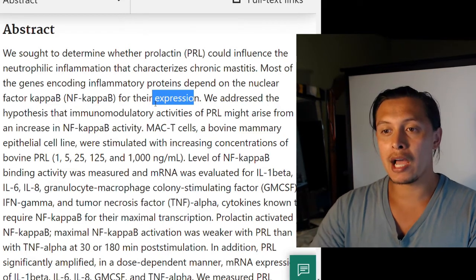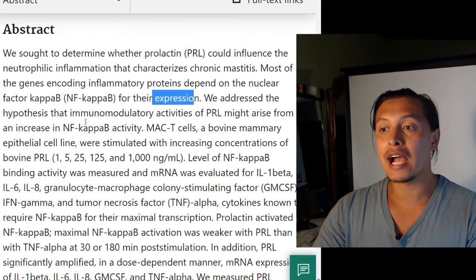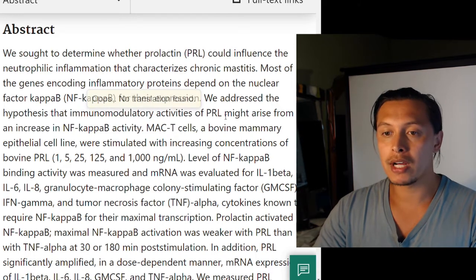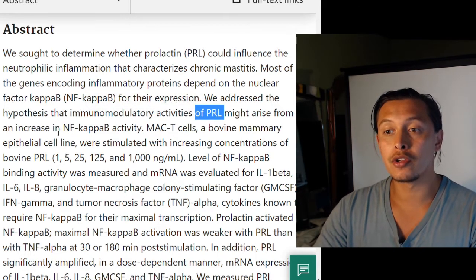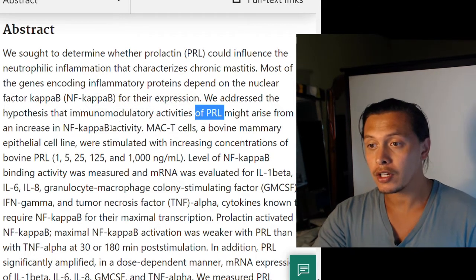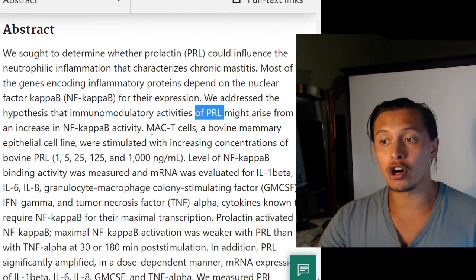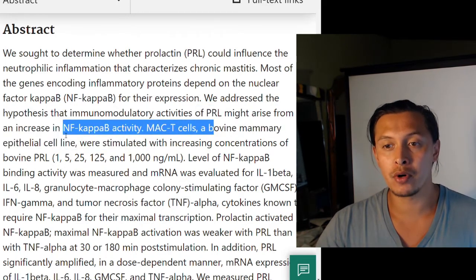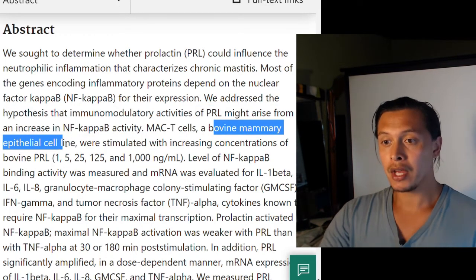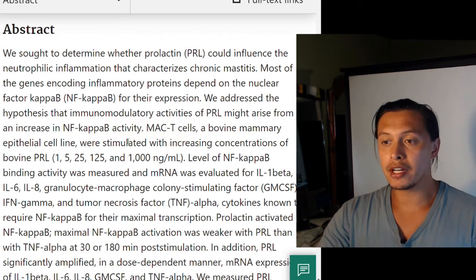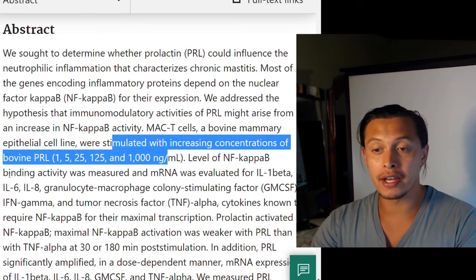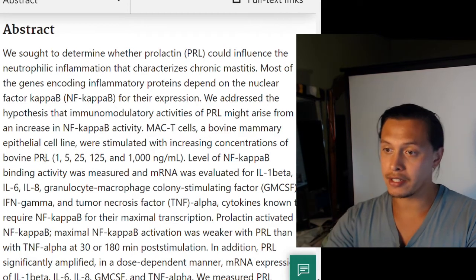So we address the hypothesis that immunomodulatory activities of prolactin might arise from an increase in nuclear factor kappa B activity. So the MAC-T cells, which are a bovine mammary epithelial cell line, were stimulated with increasing concentrations of bovine prolactin.